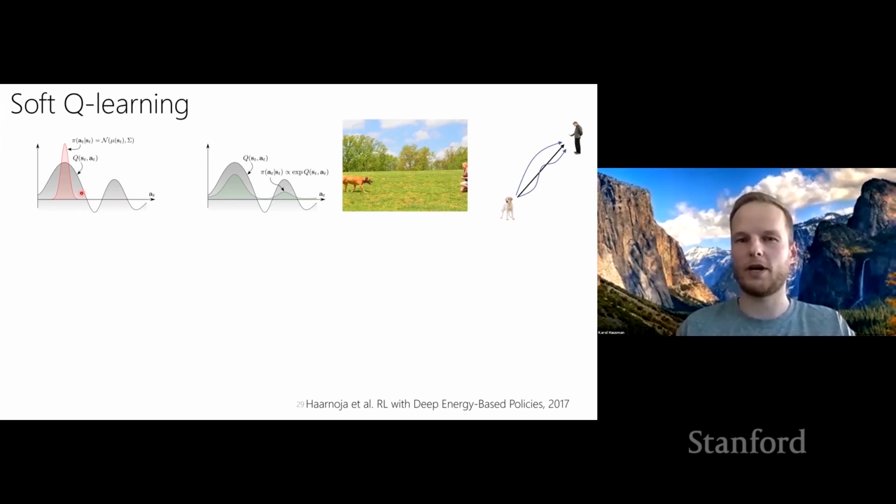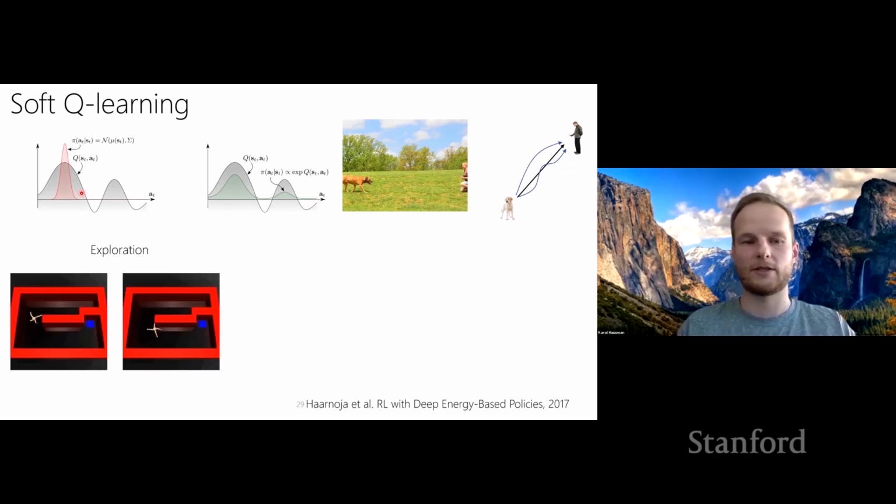So why is this useful for the policy to not be as committed? Here are a few examples. First, this is useful for exploration. Here's a task where you have this ant-like robot, and the robot starts right here, and it's trying to minimize the distance to the goal, which is that blue square right here. On the left, we see the behavior of a converged Q-learning algorithm, where the ant just happened to explore the path up here first.